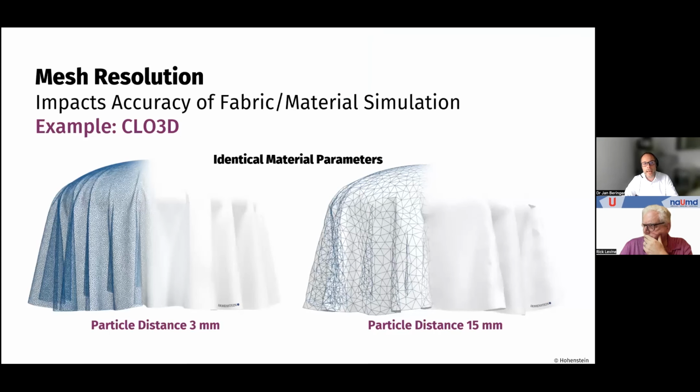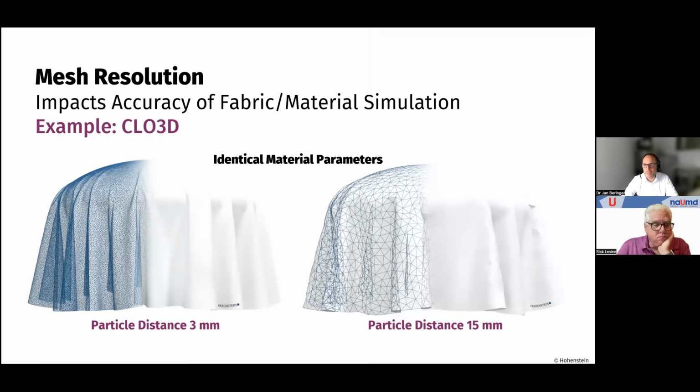When we look at the impact on the accuracy of the fabric simulation, we have identical material parameters. It's the same fabric, the same set of digital parameters, and you just play around with the particle distance. On the left side, we have 3 millimeters. On the right side, we have 50 millimeters.